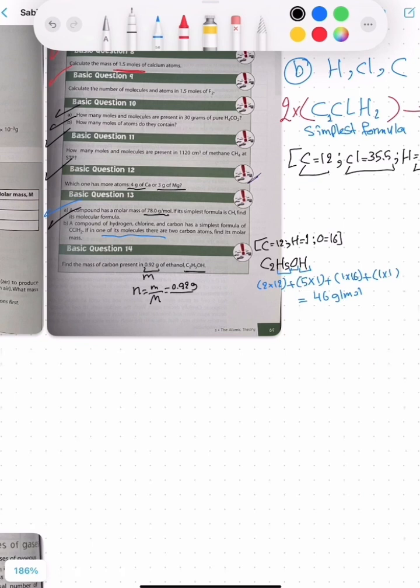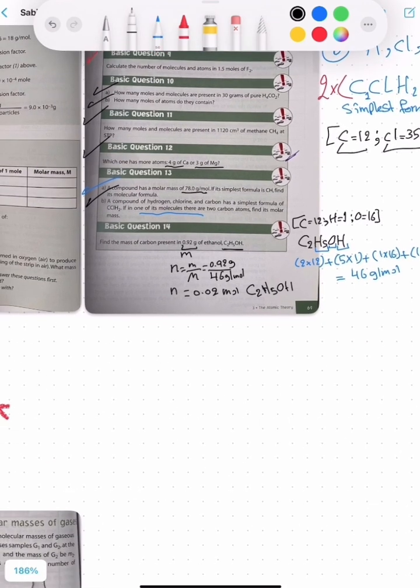Then go back, 0.92 over 46 gram per mole. The number of moles will be equal to 0.02 moles of who or which compound? C2H5OH, ethanol.